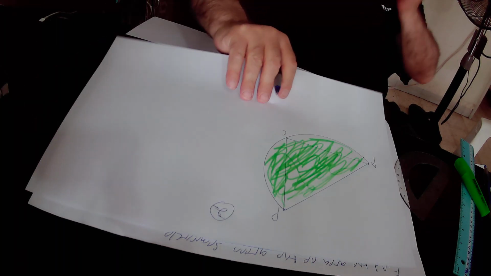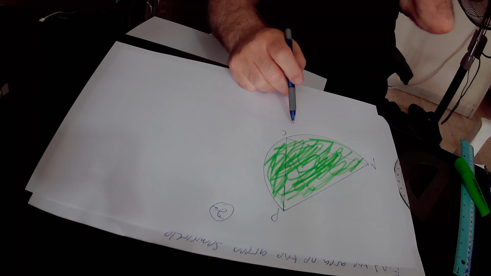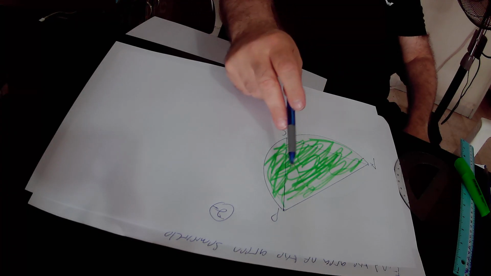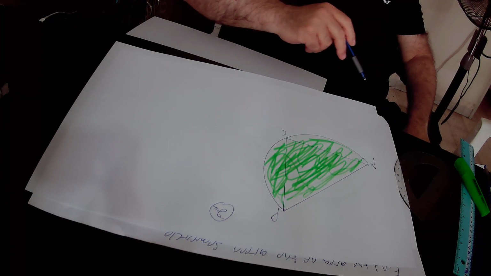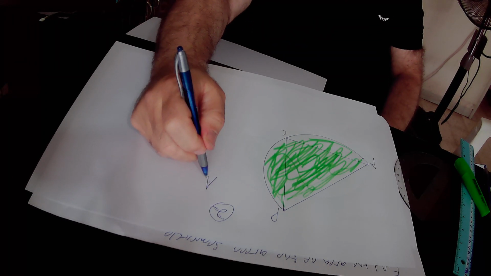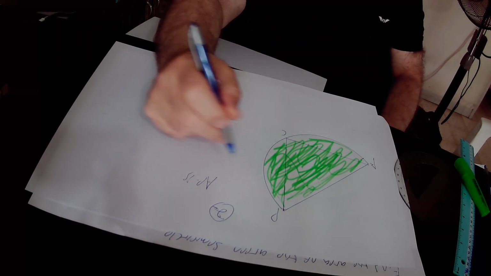So actually, this is the green semicircle, copied from the original drawing. AP is of course the diameter of this green semicircle. So write it down. AP is the diameter of this green semicircle.